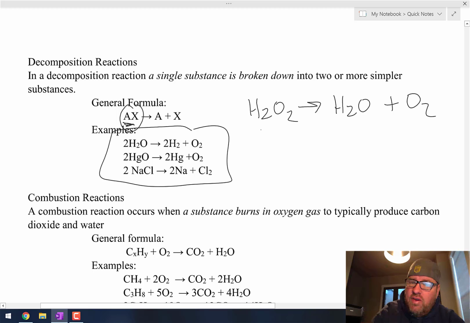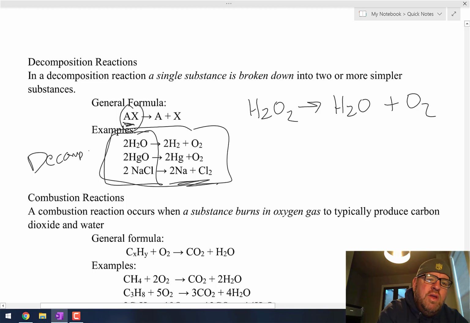And that is another example of a decomposition reaction. So again, if you start with one thing and then end up with two or more things, those are decomposition reactions.